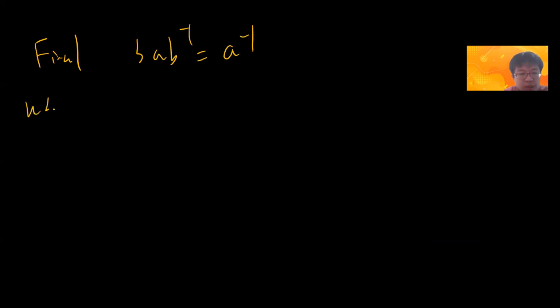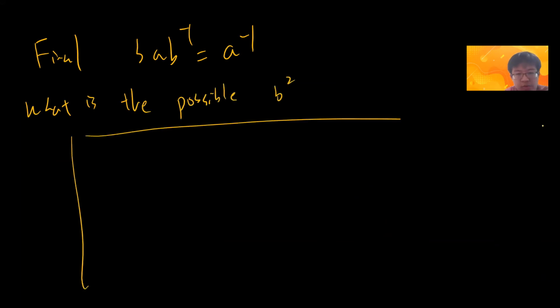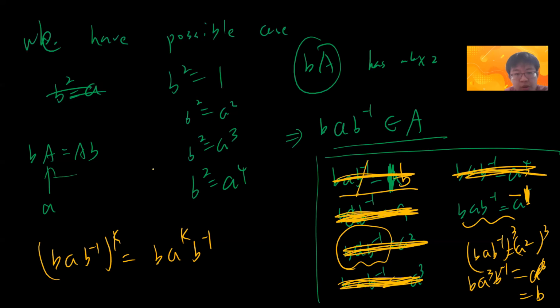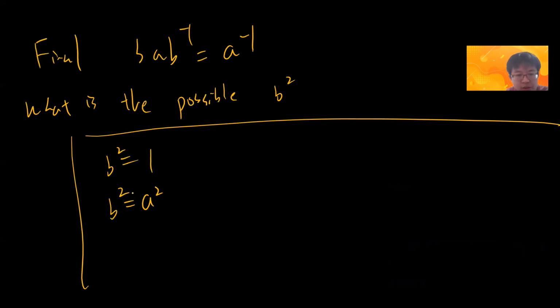And so what are the possible cases of B squared? So we just get B squared is 1. It may be possible that B squared equals A squared, A cubed, and A^4.